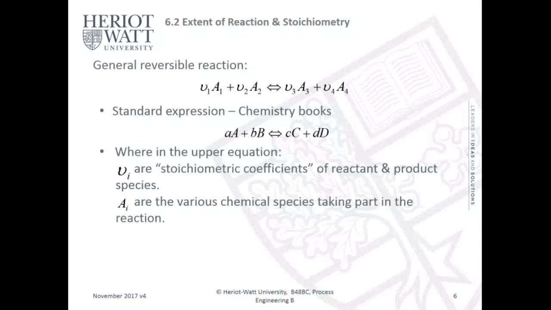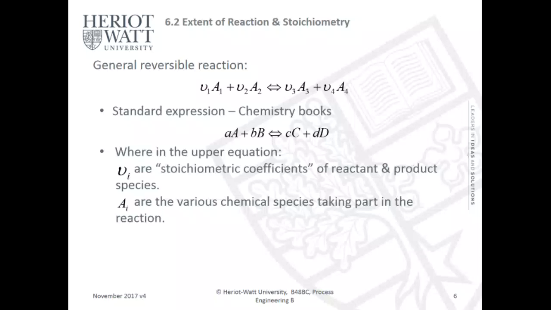Where in the upper equation, vi are the stoichiometric coefficients of the reactant and product species, so the number of moles being converted, and Ai are the various chemical species taking part in the reaction.